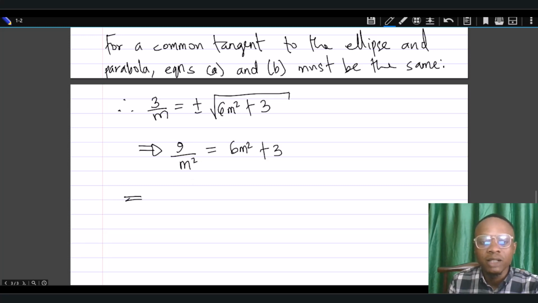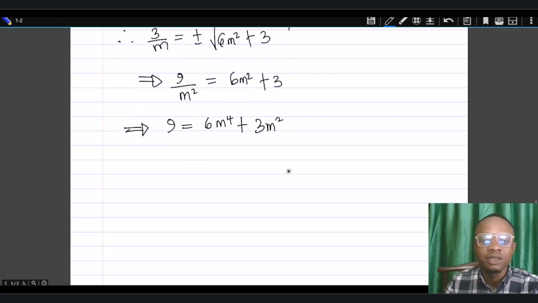If we multiply through by m squared, this gives us 9 equals 6m to power 4 plus 3m squared.